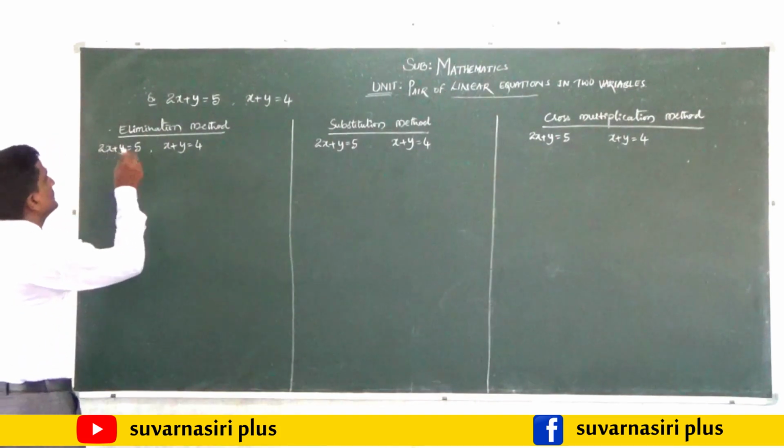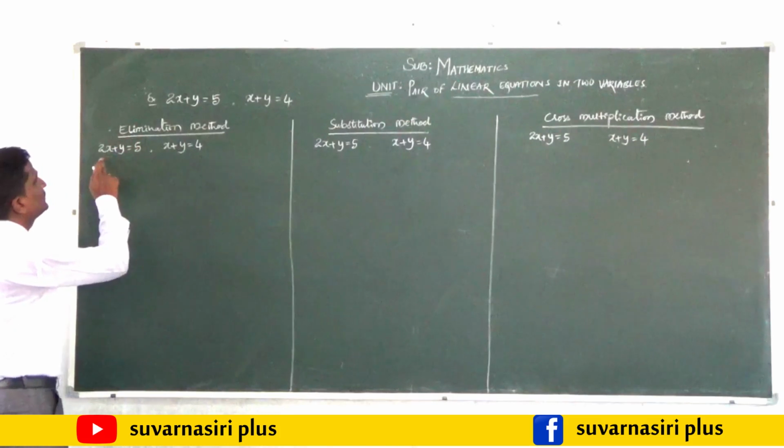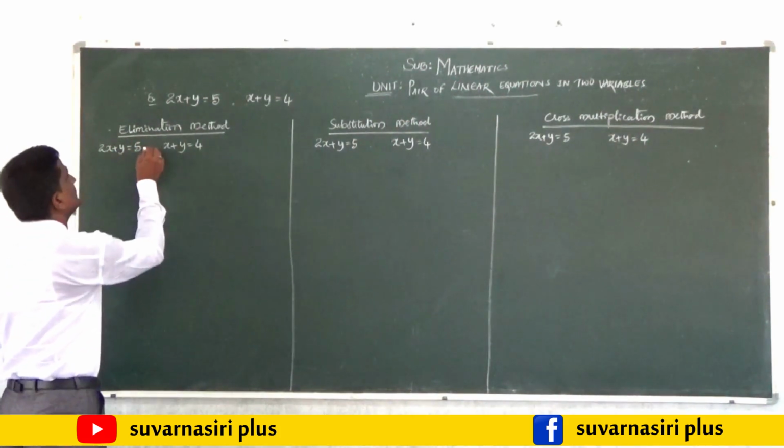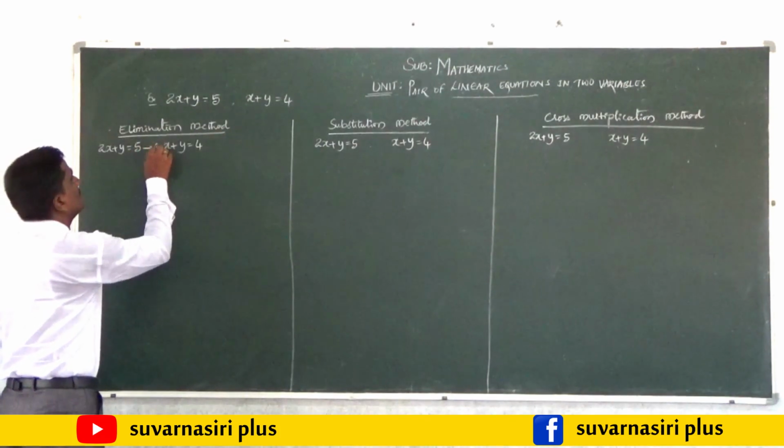So first, elimination. The 2 equations are already given here: 2x plus y is equal to 5, x plus y is equal to 4. You can take this one as the first equation and the second equation.